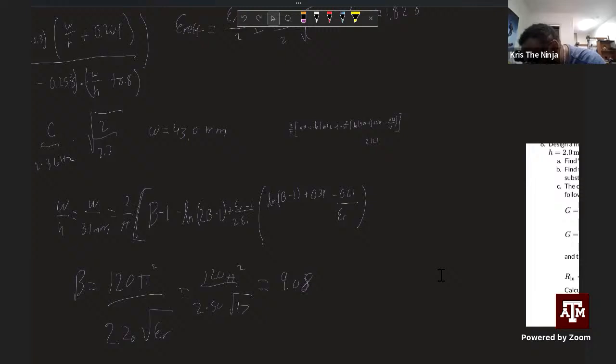And then you multiply that by 0.7 over 2.4. And that gives you 0.618, or 0.619.